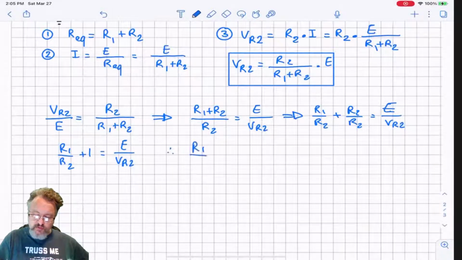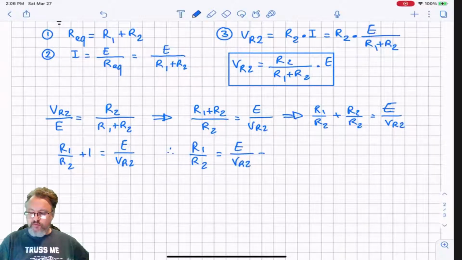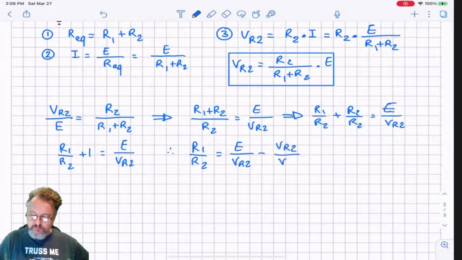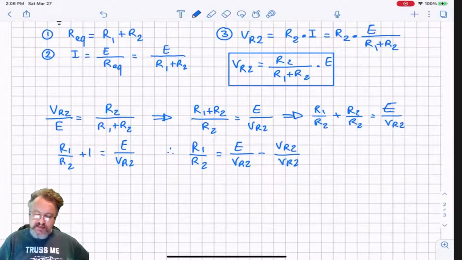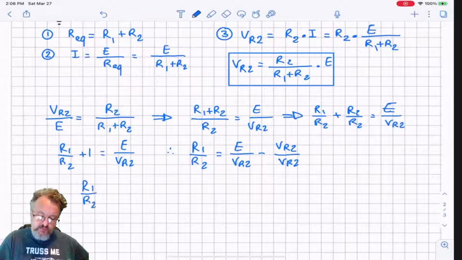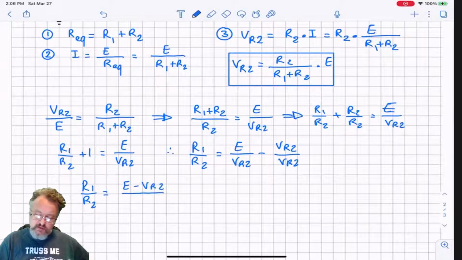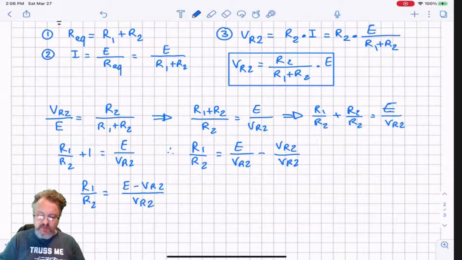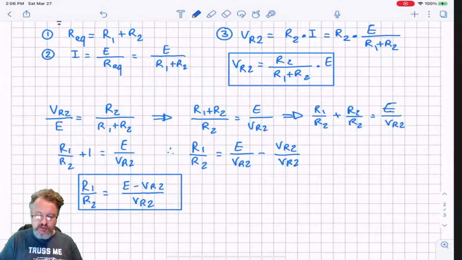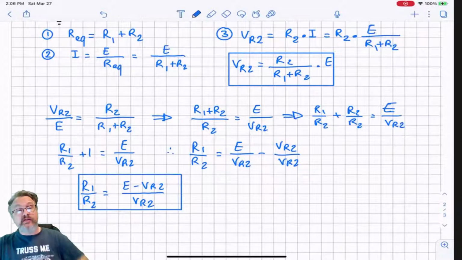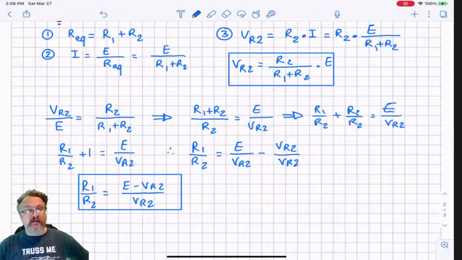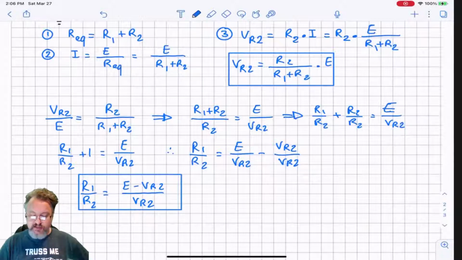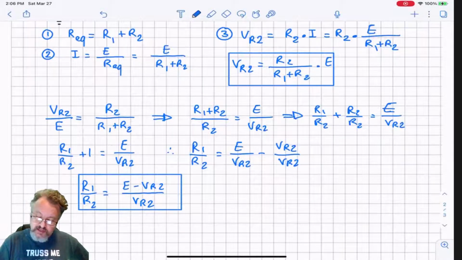Therefore, R1 over R2 is going to be equal to E over VR2 minus 1, but 1 we're going to write it as VR2 over VR2. And so we can say that the ratio of R1 over R2 is going to be equal to E minus VR2 over VR2. And this is what we're going to be using, this formula, in order to determine the resistance in voltage divider circuits.